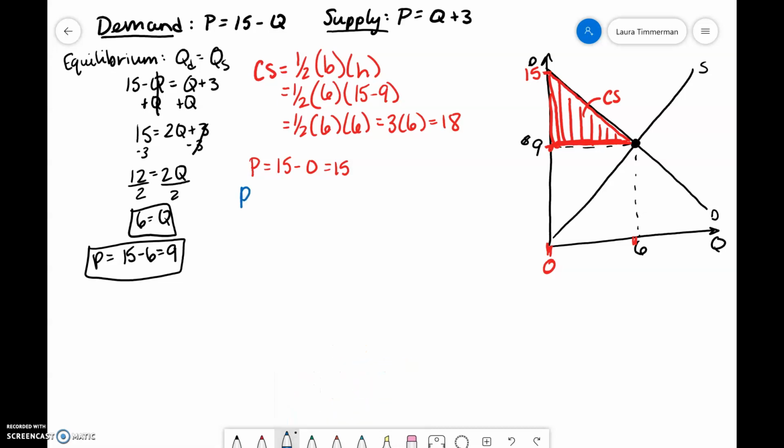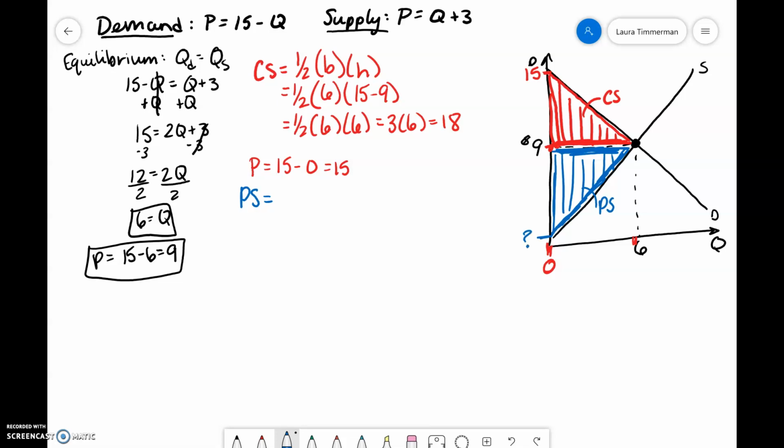Now for producer surplus, it's the difference between the price that they receive, shown by the equilibrium price, and the cost to produce. So this down here is producer surplus. We know the base again, but we do not have this number out here.